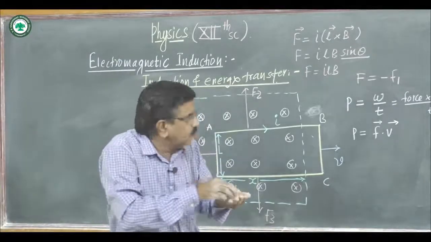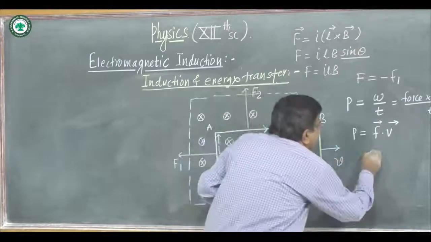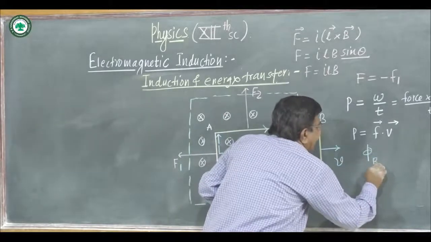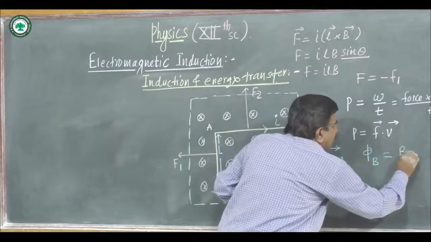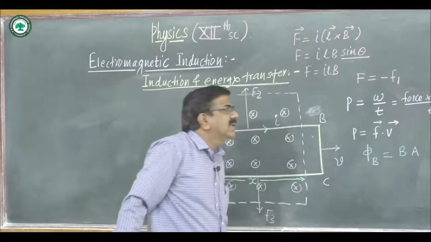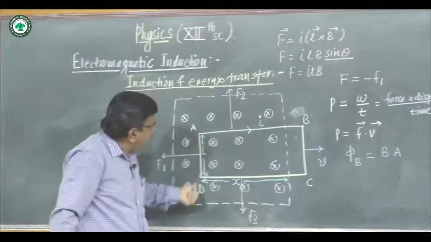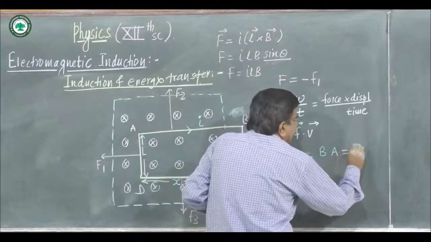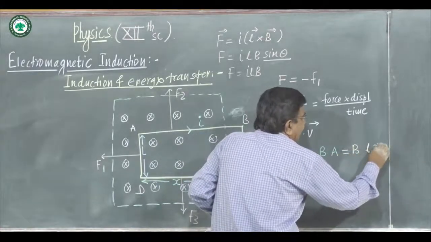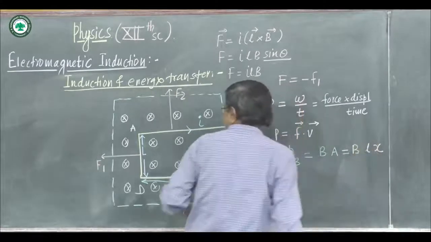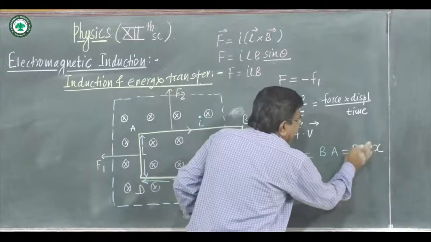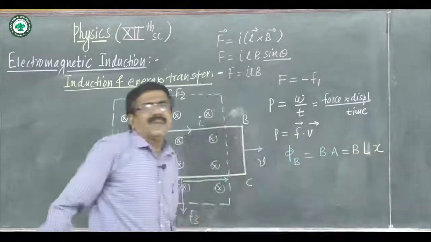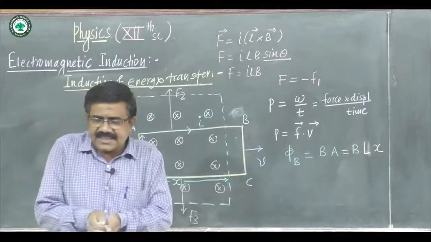Here the flux due to the magnetic field is phi, which is B into A, but A we know is Lx, so it is B into Lx. Phi B is B into Lx.